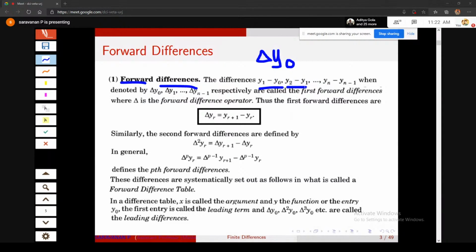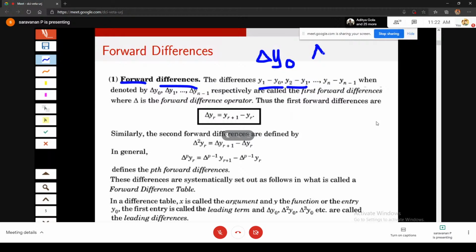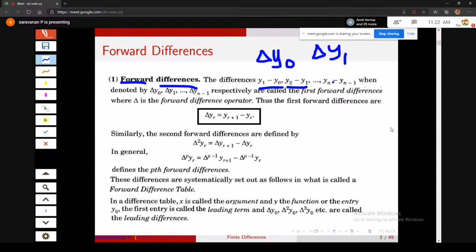This y2 minus y1, we denote it as delta y1. Similarly, yn minus yn minus 1, we will write it as delta yn minus 1. This is how we will denote it.